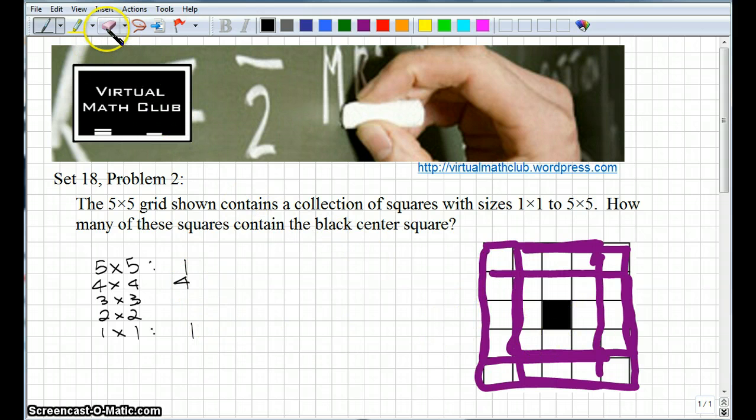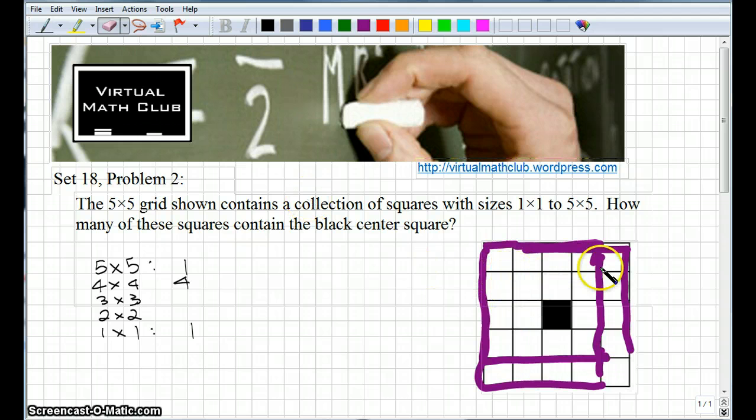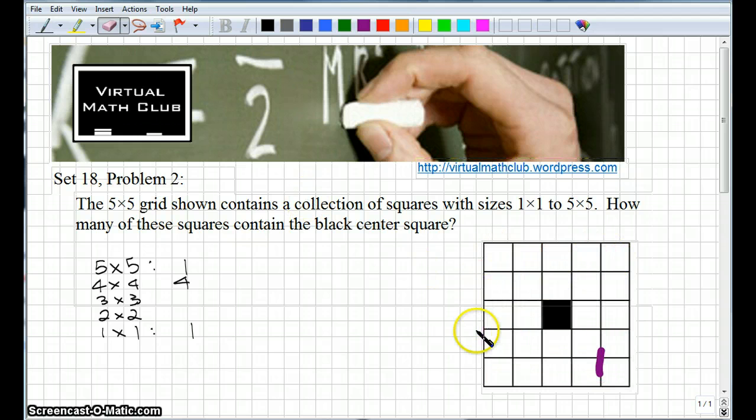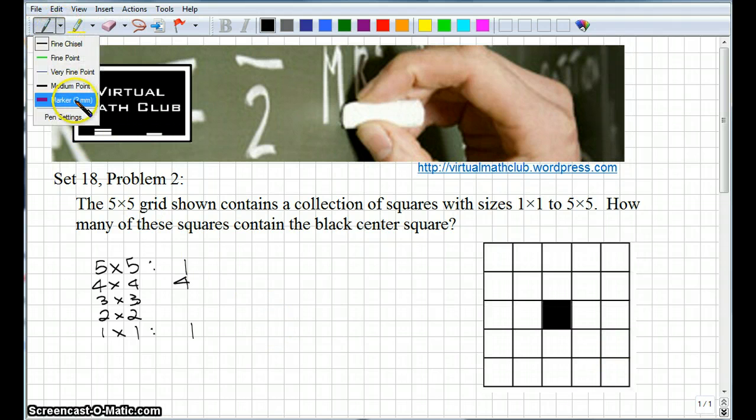So let me erase the purple lines so that we can have a nice clean square again. And let's look at, maybe I'll change the color of the marker, the 3 by 3 squares.